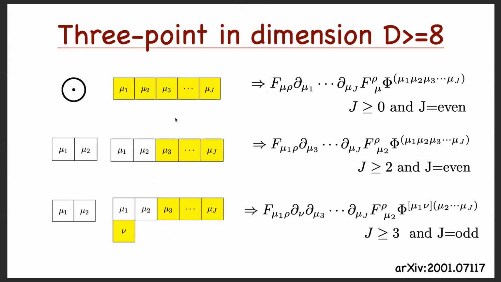At dimension D, this diagram is accurate. If you go to 9, 10, 11, 12, or whatever, the same types will appear. So as I told you, for D larger than 8 there are 6 kinds of interactions, and these are available.